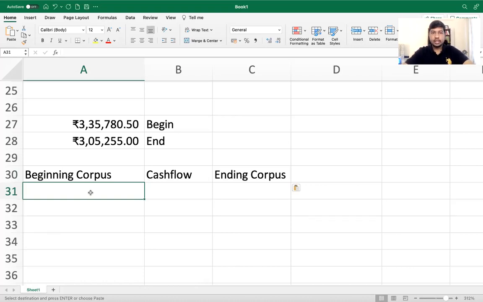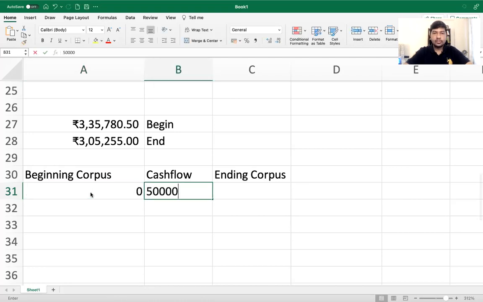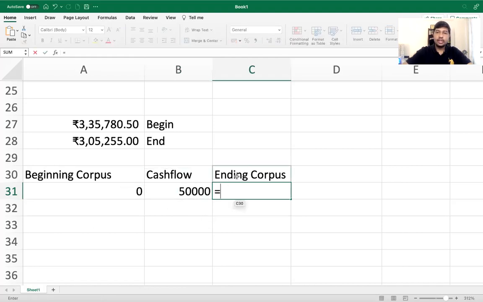Let's say your beginning corpus is 0, your cash flow is 50,000. Now what's happening is ending corpus will be, assuming that you are earning the interest right from the beginning, this into 1 plus 10%, close the bracket.